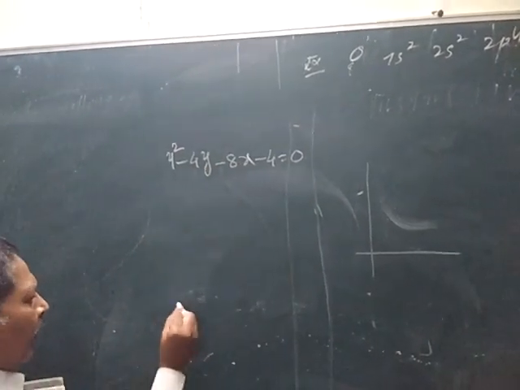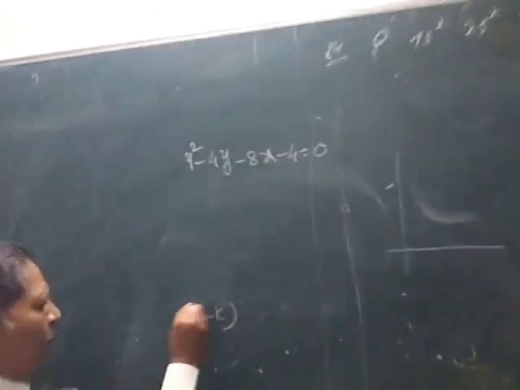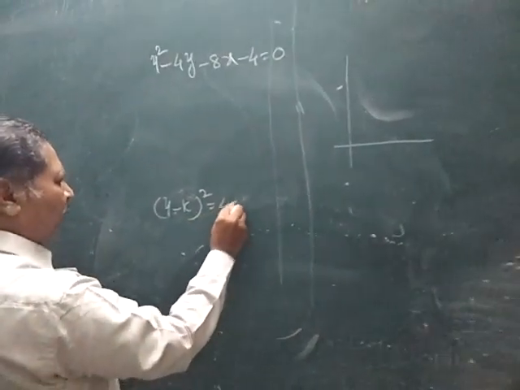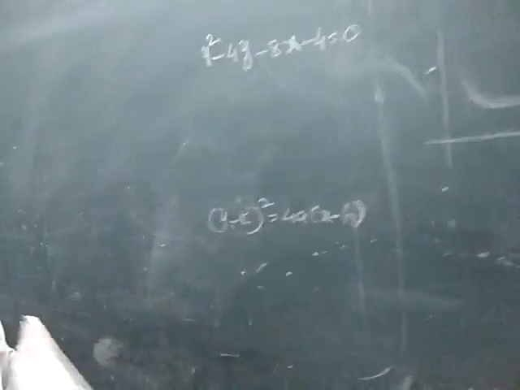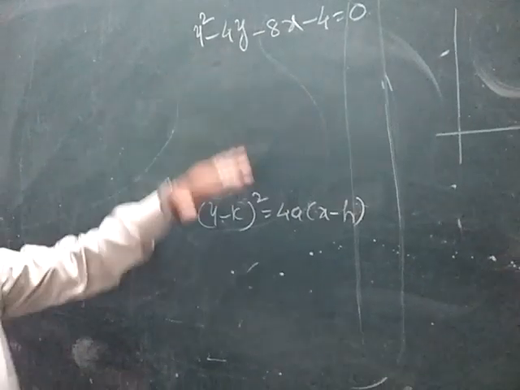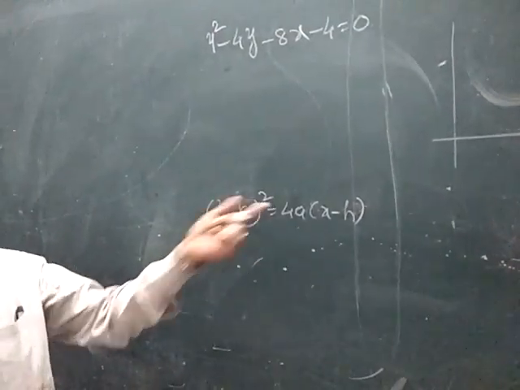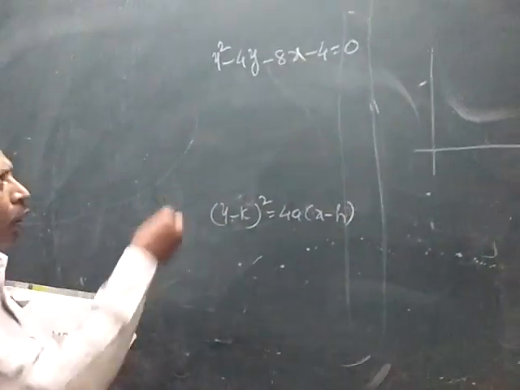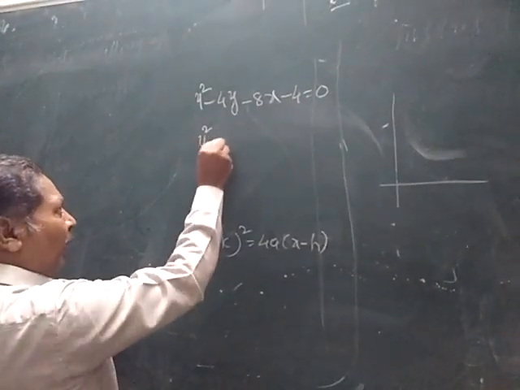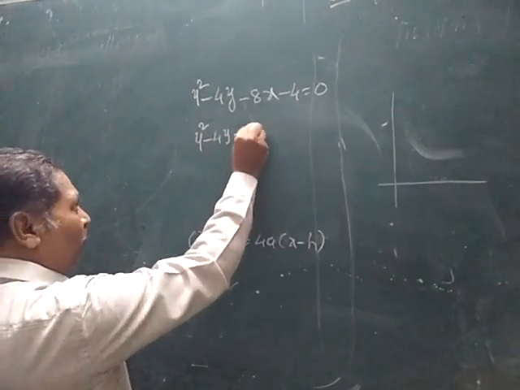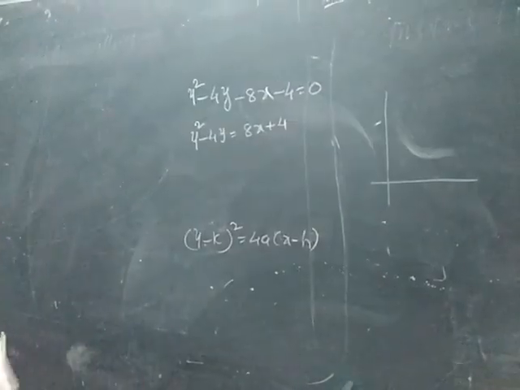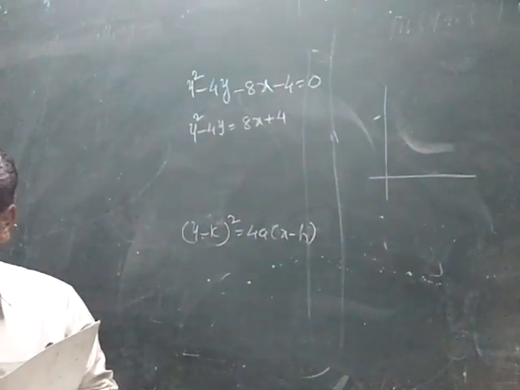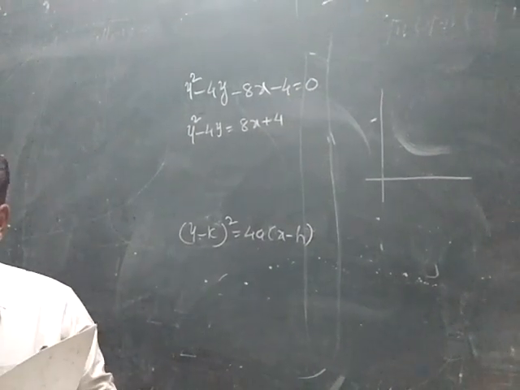Write this equation in the form of y minus k whole square. Y square minus 4y equal to 8x plus 4.